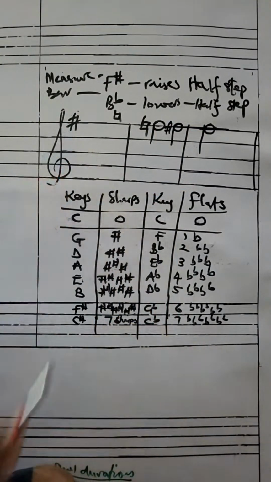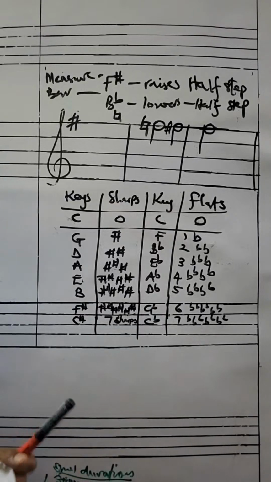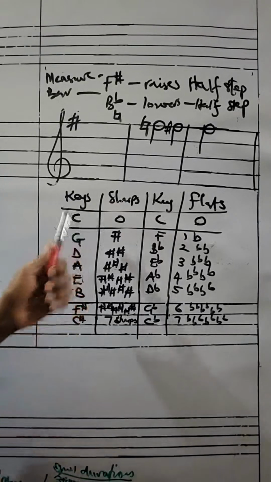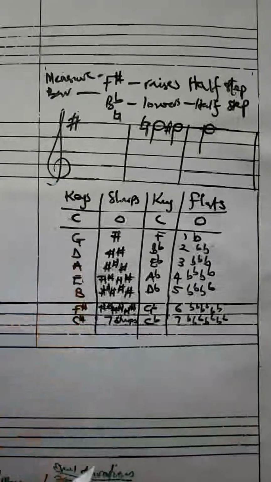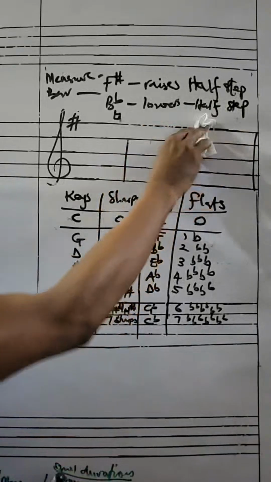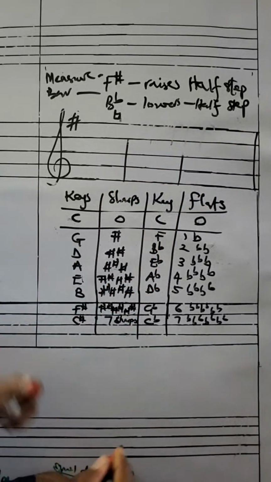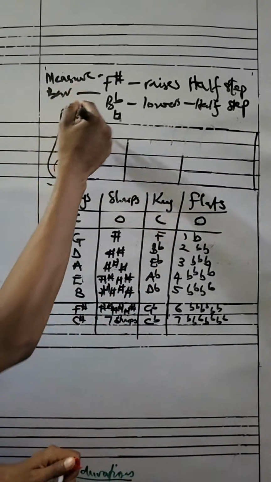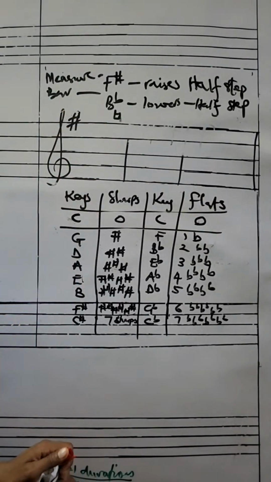Now we know that we have our F sharp. So when you see key G, know that the note that is sharpened is your what? F. That is what I want you to really understand. Know that the note that is sharpened is your F. Now when you see a G here, where is my tonic supposed to be?